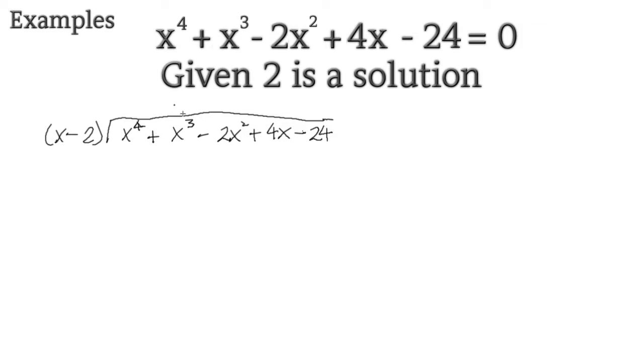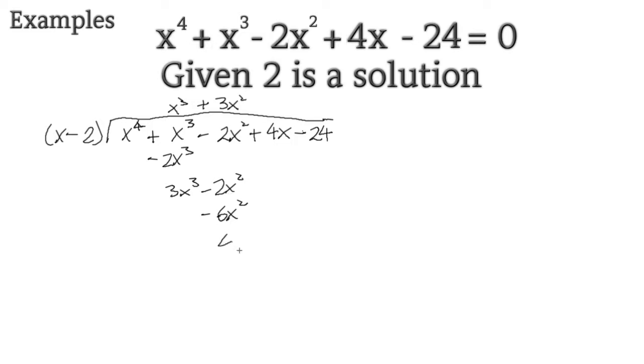When we do that, we get x cubed, and take 2x cubed, that gives us 3x cubed, take 2x squared, then we add 3x squared, which will give us 3x squared, then minus 6x squared.